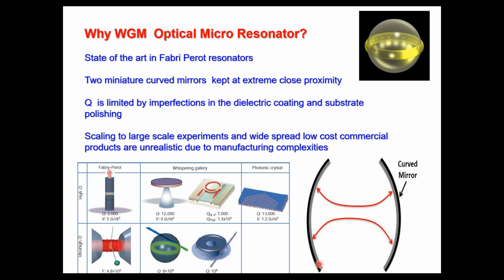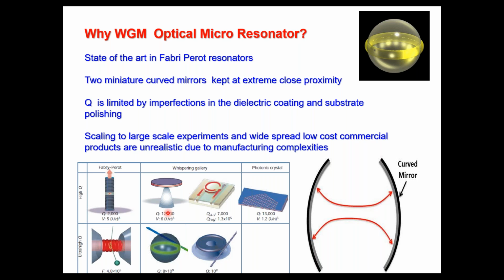So the polishing of the surface, the imperfections available on the surface of the mirror, all of them are going to limit the Q value. Scaling to a large scale experiment and widespread low-cost commercial products are unrealistic due to manufacturing complexities. So in any case, the Fabry-Perot cavities cannot generate huge values of Q.